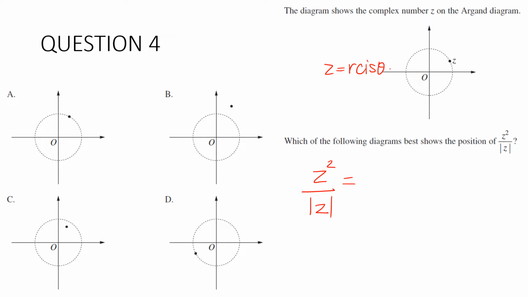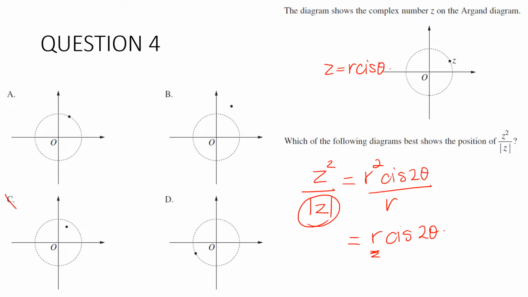Then it's going to be equal to r squared cis 2 theta, and this here is r. So this is going to be equal to r cis 2 theta. So it's going to have the same length. So that's going to knock out C and B. And we want double the angle. Now we've got an angle of approximately, I don't know, 30 degrees there. So doubling the angle should bring it up here. So our answer is A.